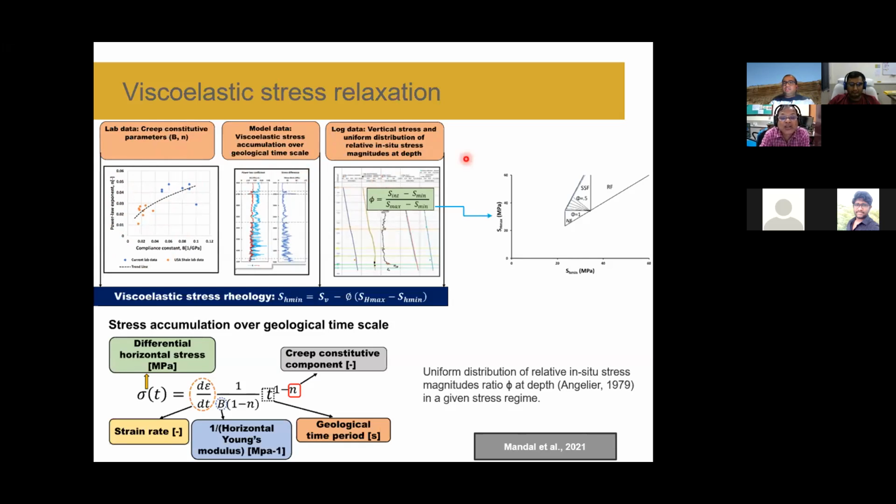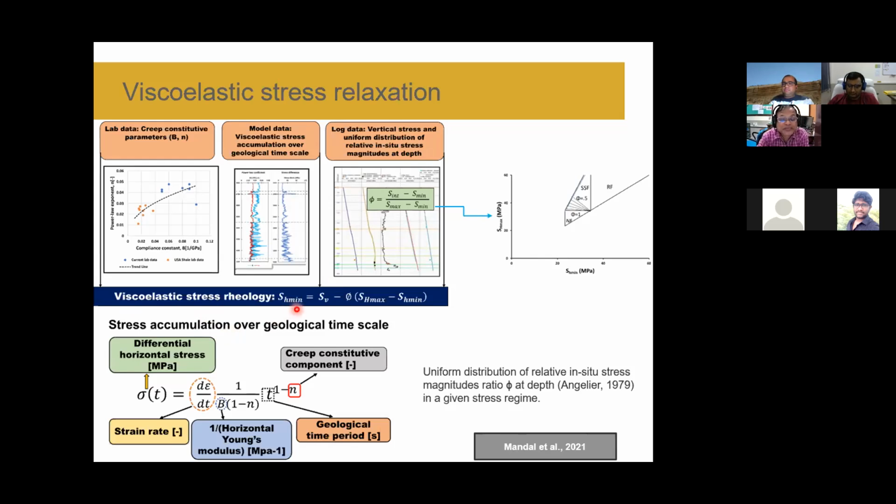And then you can utilize your vertical stress component. One of the assumptions you need to make is a constant stress magnitude within a layer, which is defined by phi here. I'm not going to discuss the mathematical details, but the concept is very simple.